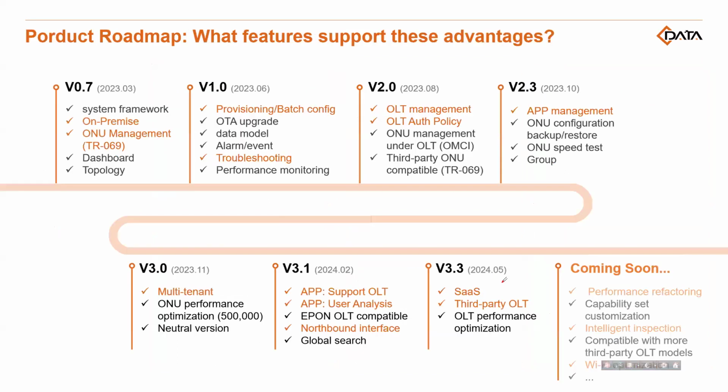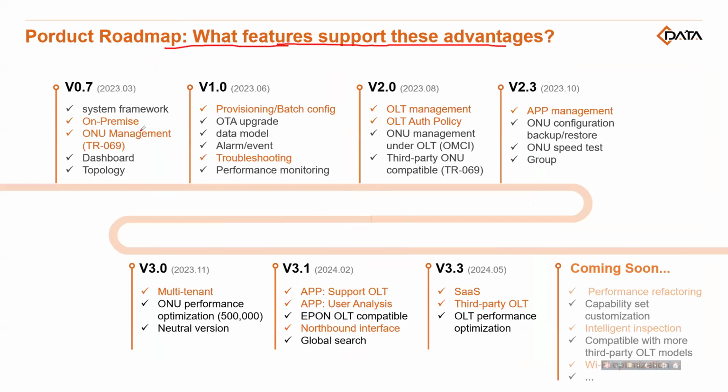Let's move on to the next page, product roadmap. It can answer the question, what features support these advantages? About two years ago, we brought up the concept of the CMS product, and we released the first version in March of last year.